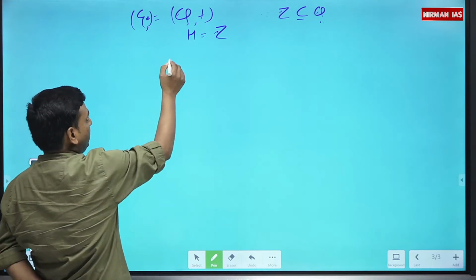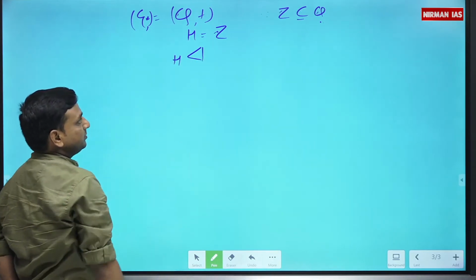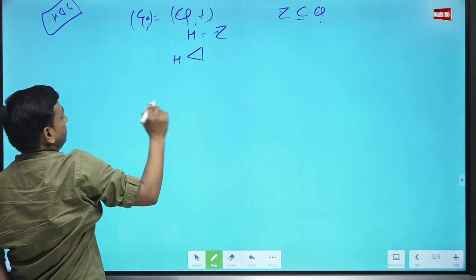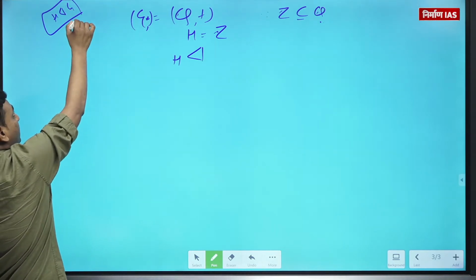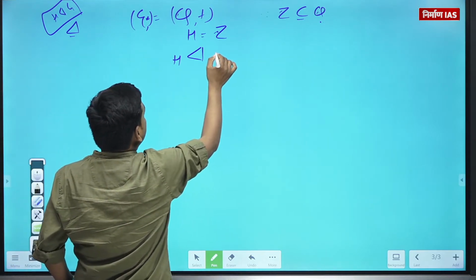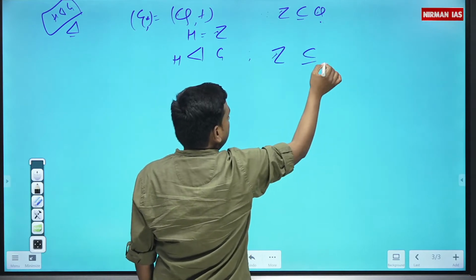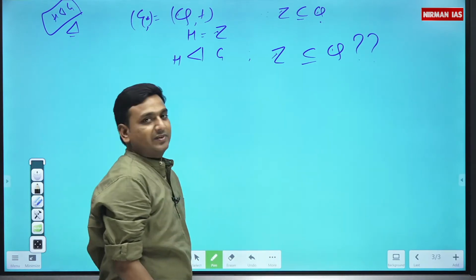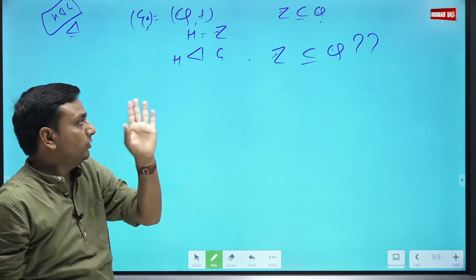Now I want to check whether H is a normal subgroup. A normal subgroup is represented like this. A simple subgroup is written like this; if it is a normal subgroup, it is written like this, okay? So H is a normal subgroup of G. That means, is Z a normal subgroup of Q or not? That is our next question. Check it out.